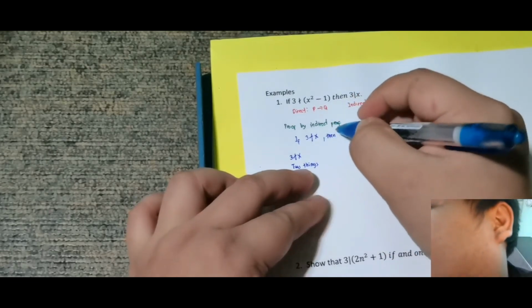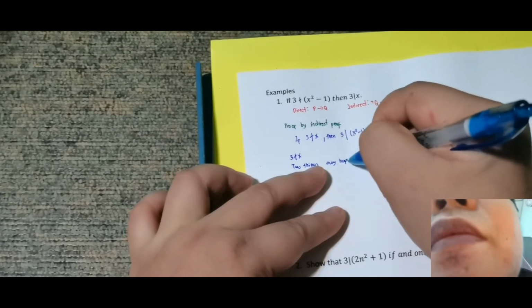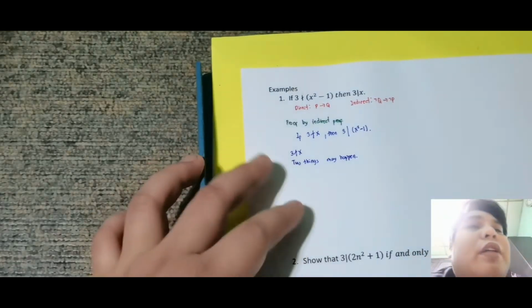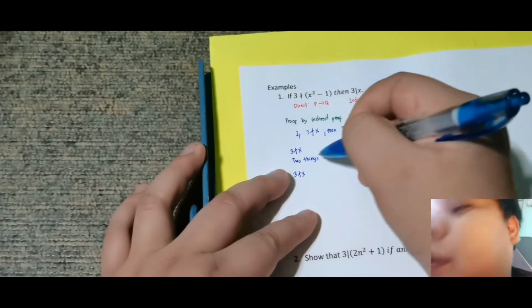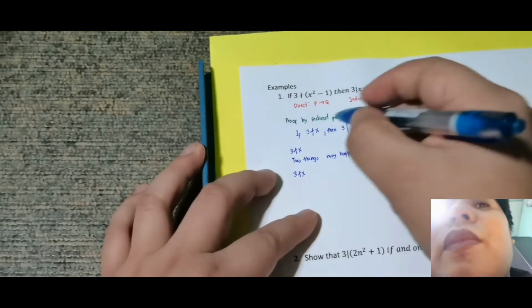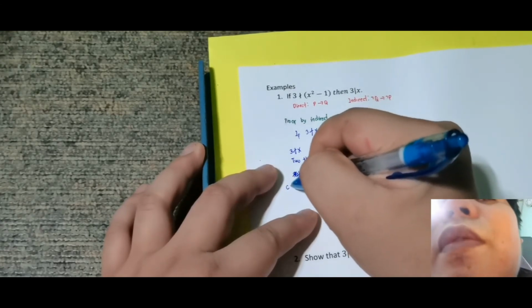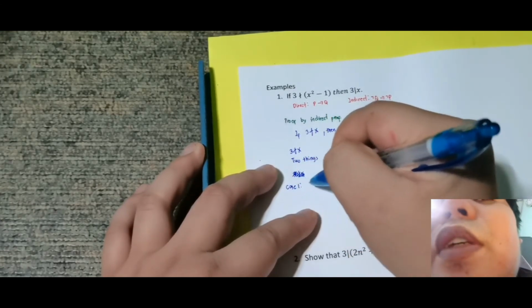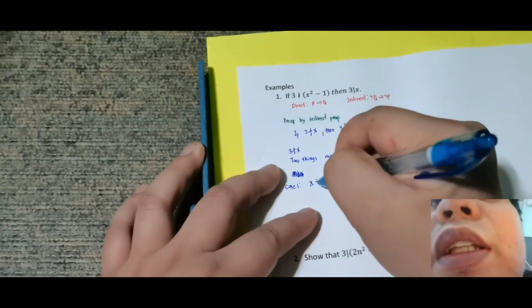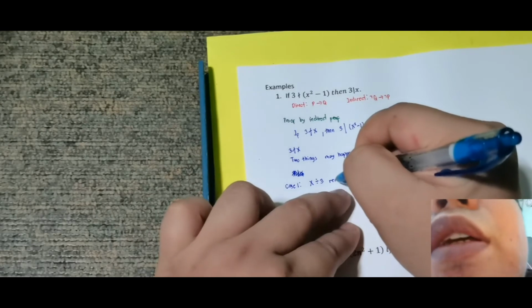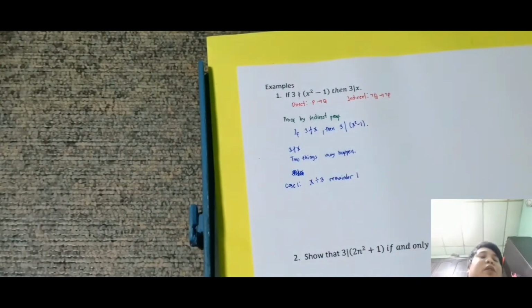Okay, una, 3 does not divide x, case 1: x divided by 3 with remainder 1.